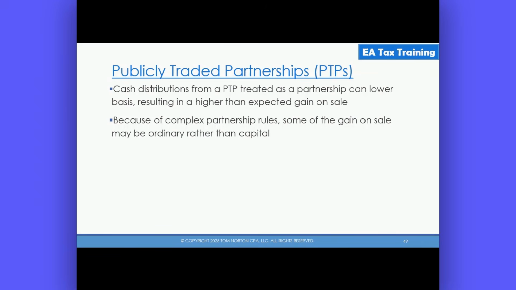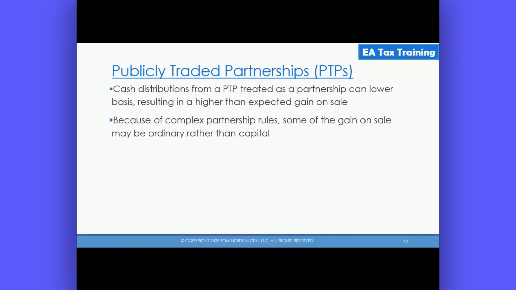Any cash distributions from one of these PTPs that is treated as a partnership can lower your basis. So remember when we said if you had a non-dividend distribution from a stock, that could lower your basis, it was the same idea here.